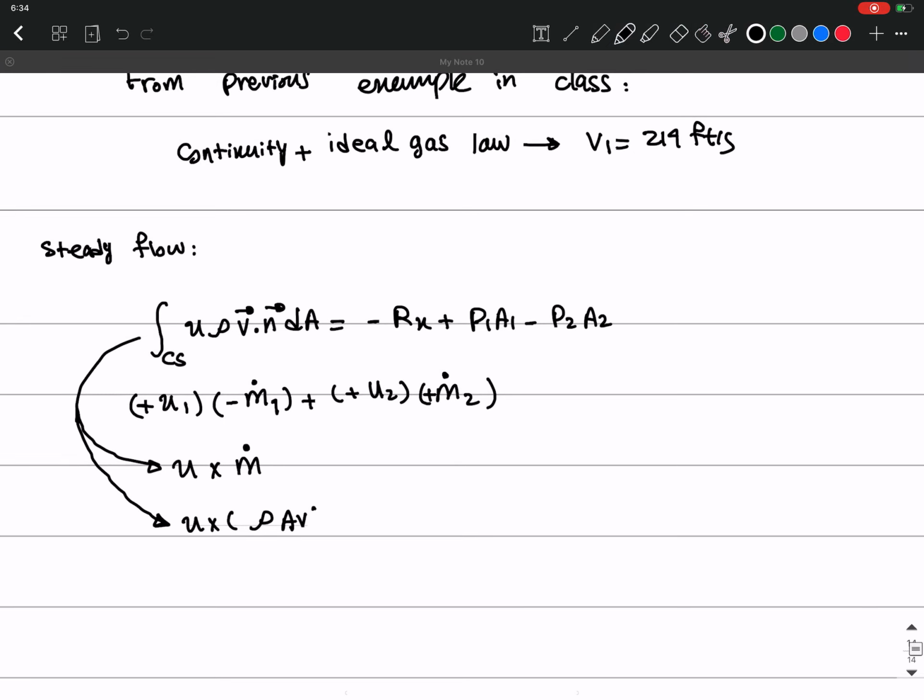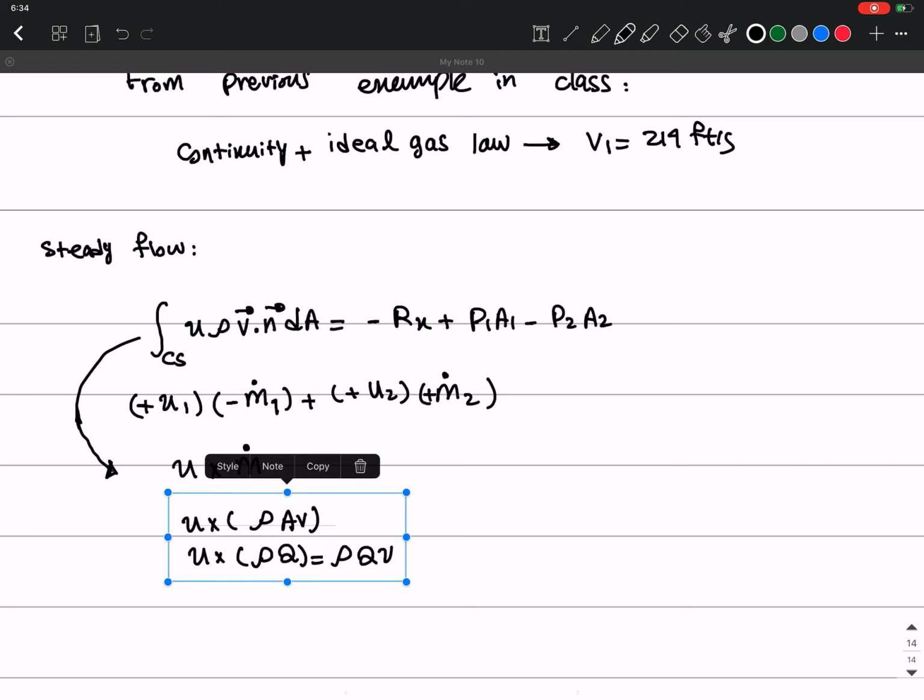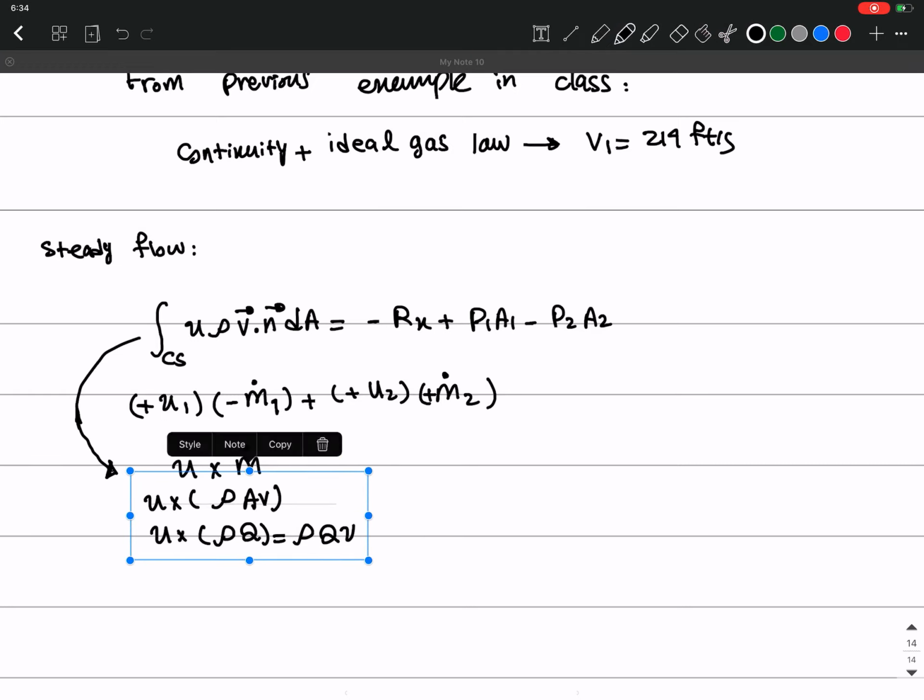Or you can even remember it as U times rho Q, or rho QV. This is another way. So these are different forms that you can remember this equation, right? So let me write it down here. Instead of this integral, if it is hard for you to write it every time and calculate it every time, these are alternate forms that I suggest you remember at least one of.